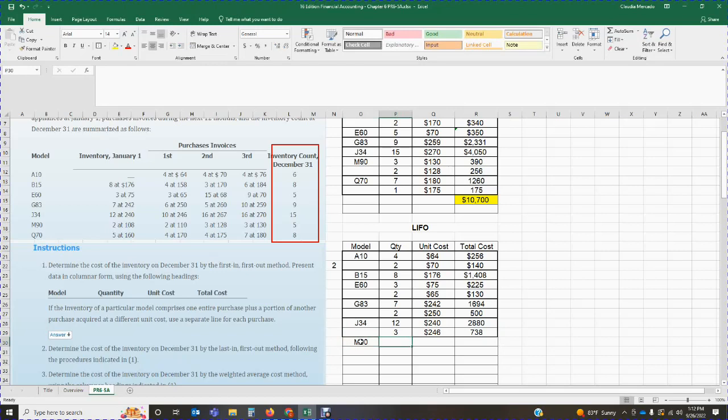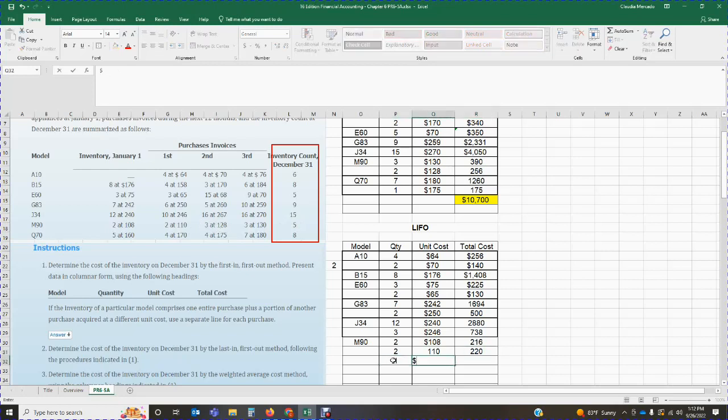For M90, we have 5 units remaining. And remember, we are keeping the oldest units. So I know I'm going to have 2 at 108, and 2 at 110. We need 5, so that means we need 1 from 128.